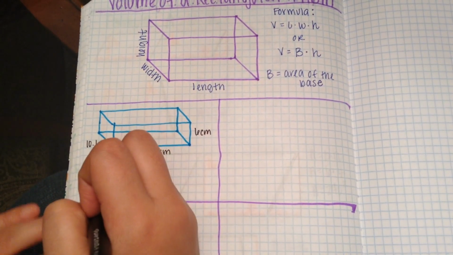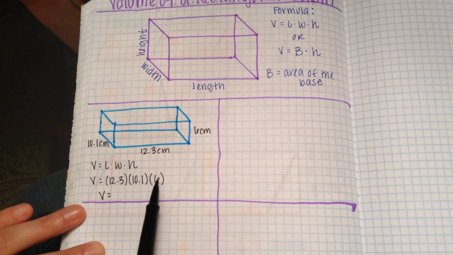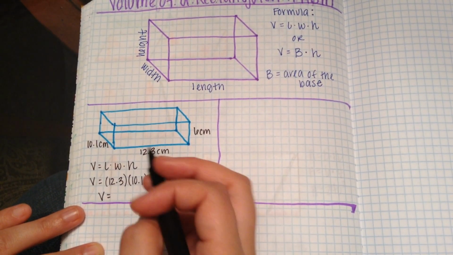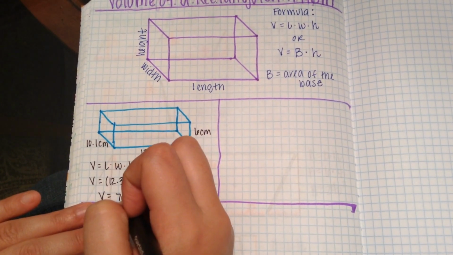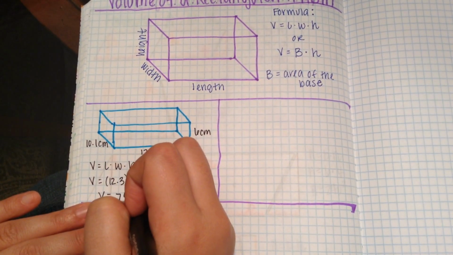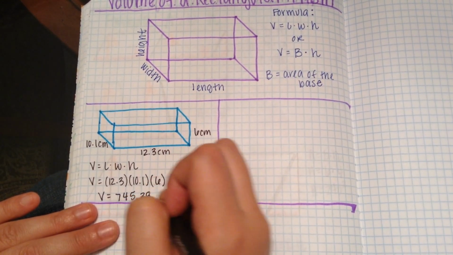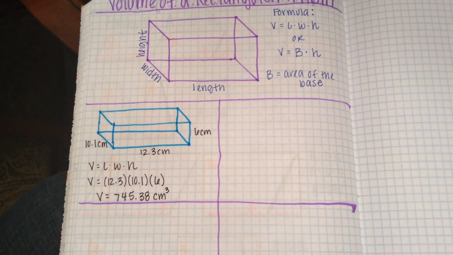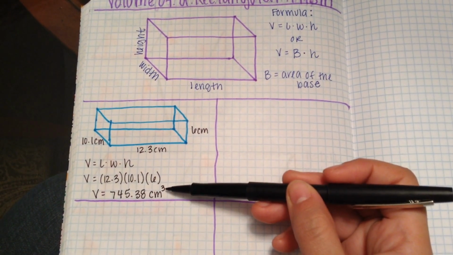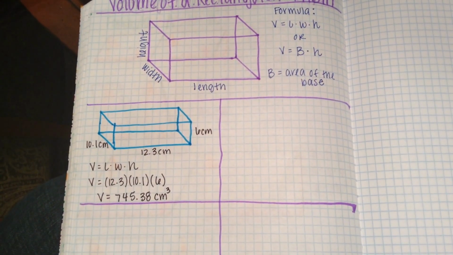So all I have to do is multiply this times this times this, and I'm going to get 745.38, and then we have to put centimeters cubed. So don't forget to put that 3 there, because that means it's cubed, because it's volume.